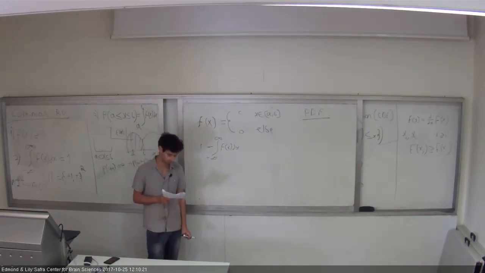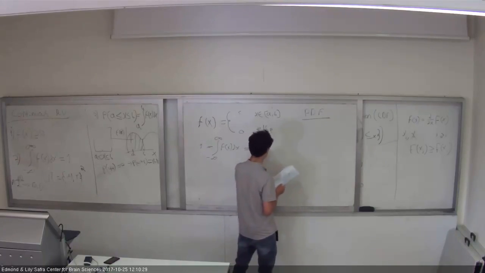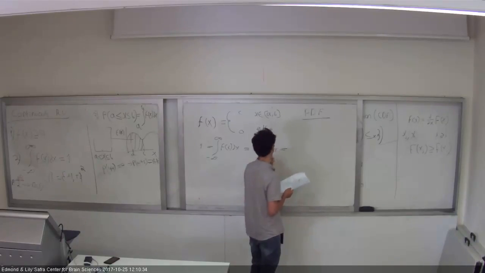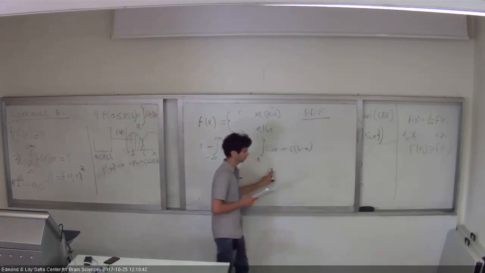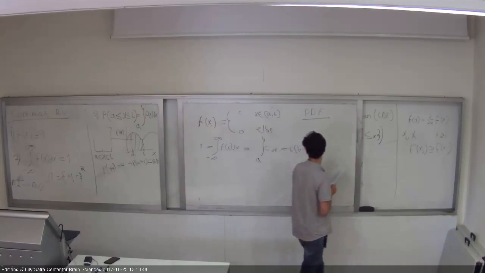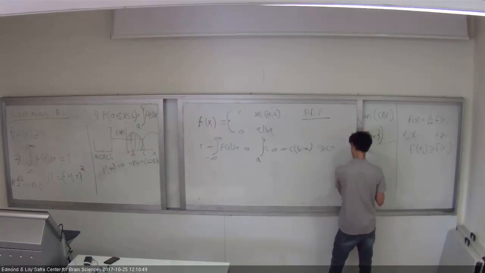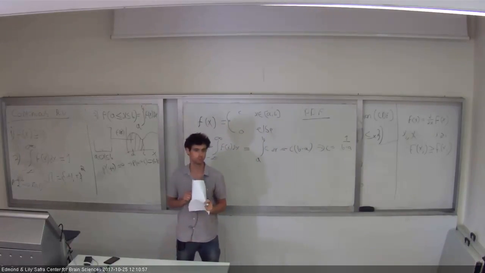Right. So we have only the integral from a to b of c dx, and we know that this is equal to c times (b minus a). And we get that c is equal to 1 over (b minus a). Question?